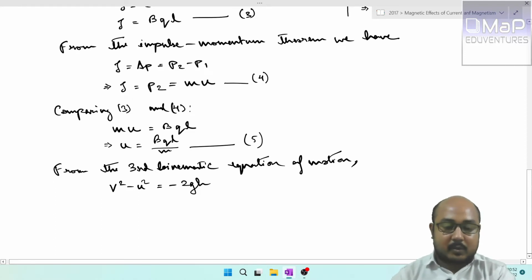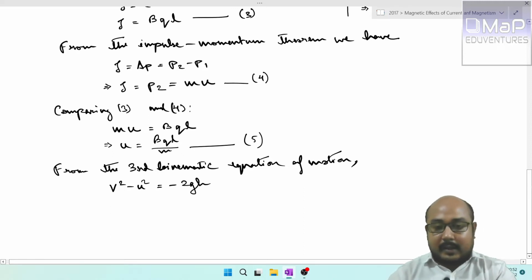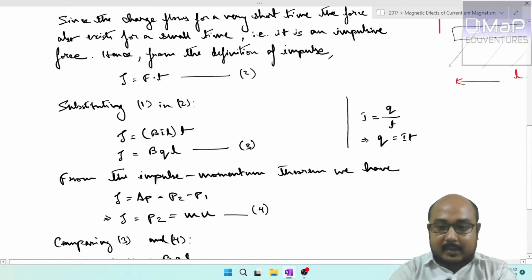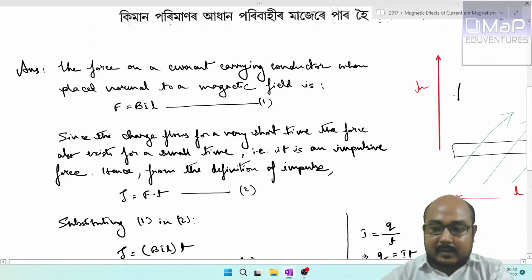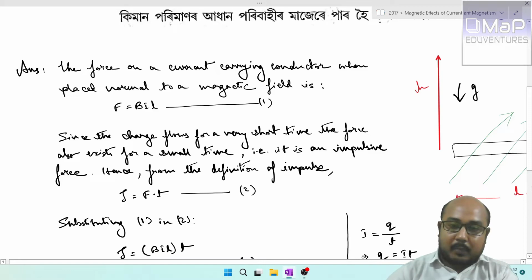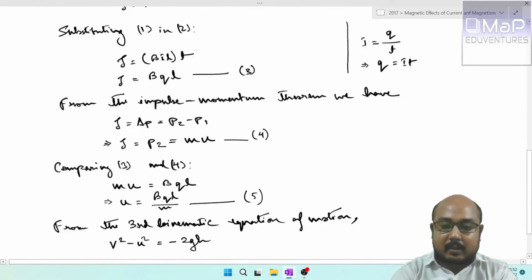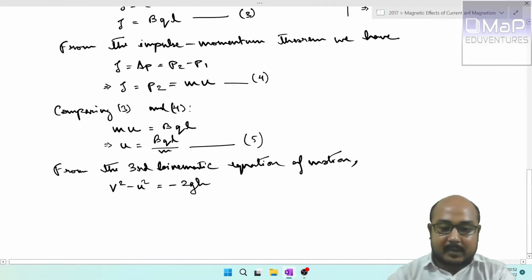The original equation is v square minus u square equal to 2as, so here I wrote a as minus g and s as h. The minus sign is there because the displacement is against the gravitational acceleration. Since the acceleration due to gravity is downward, opposite to the motion, I take the acceleration as negative. That is why a is equal to minus g.